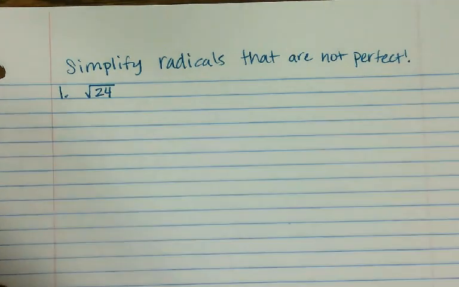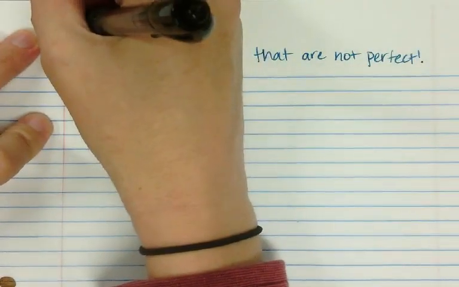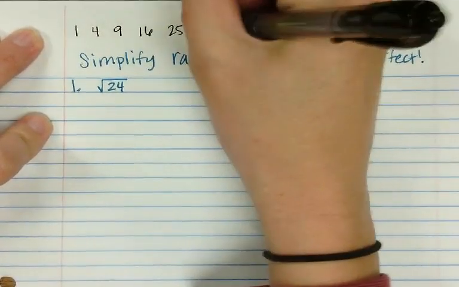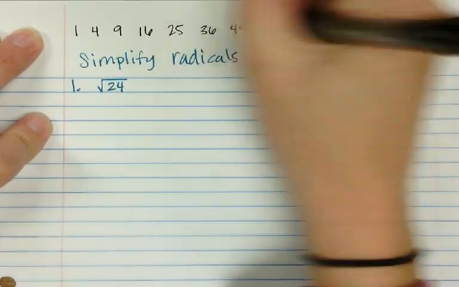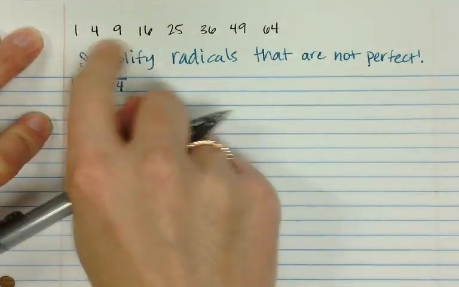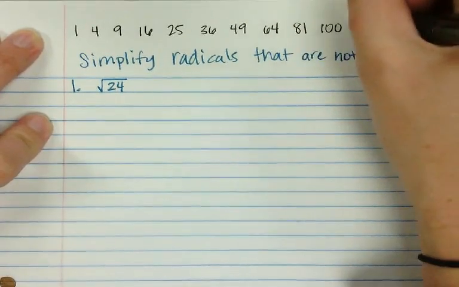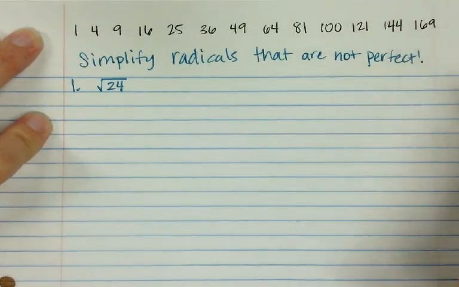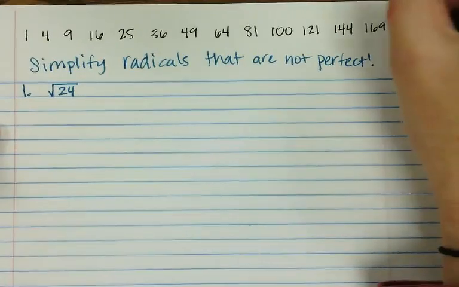So going back to our perfect square list, I'm going to write my perfect squares across the top: 1, 4, 9, 16, 25, and so on, 1 through 15 squared, up to 196 and 225.